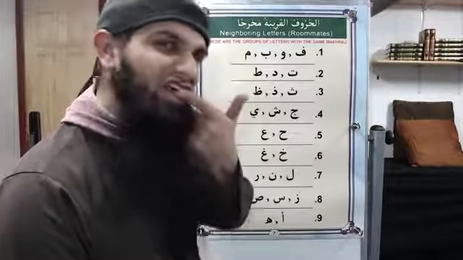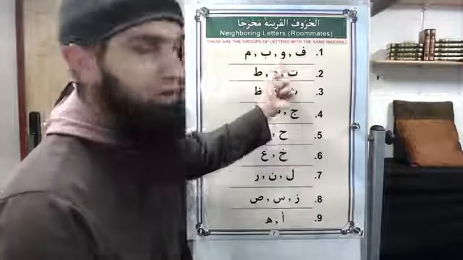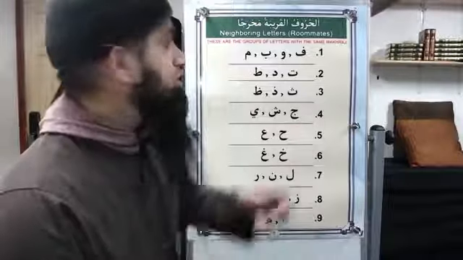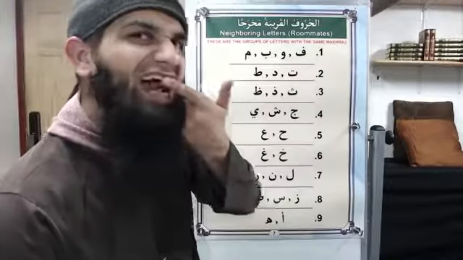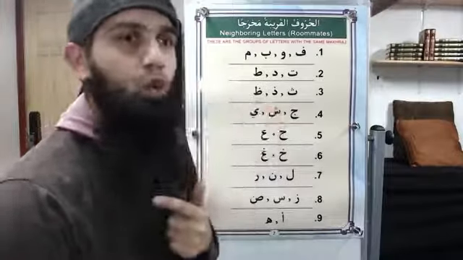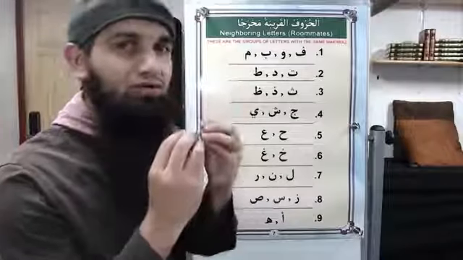Fa uses the teeth and the bottom lip. Wa uses both lips only. We're going to be focusing a lot on the sounds in this lesson.